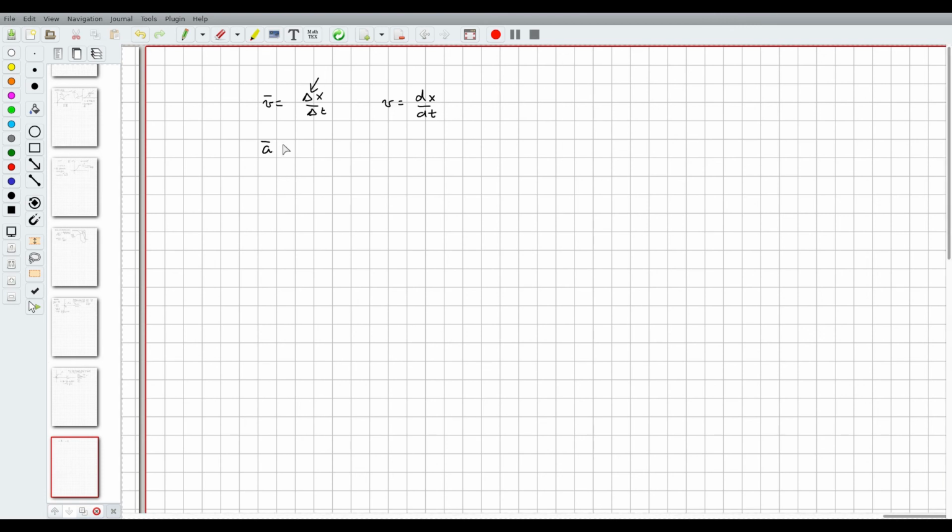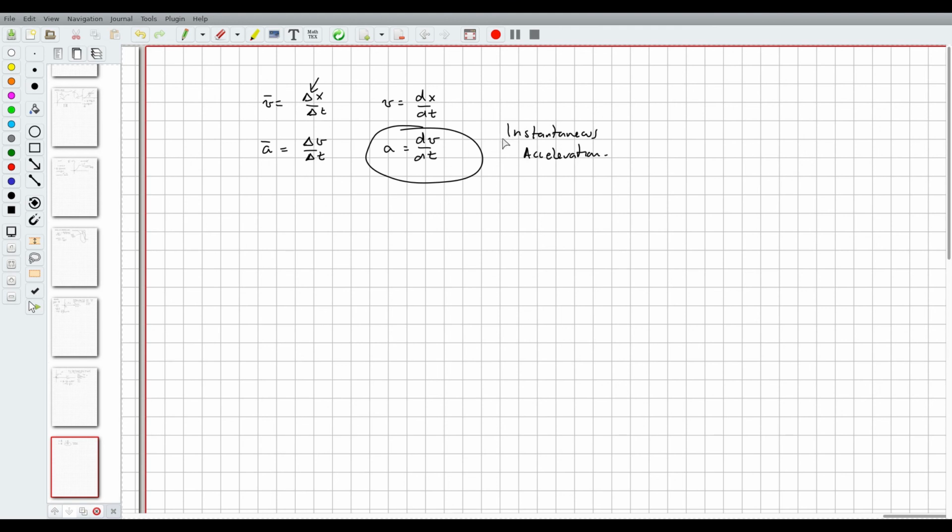So if your average acceleration looks like this, what I'm going to do is to promote the changes, the change ins, to differentials. And sure enough, this right here is the definition of the instantaneous acceleration. Okay, that's what it is.